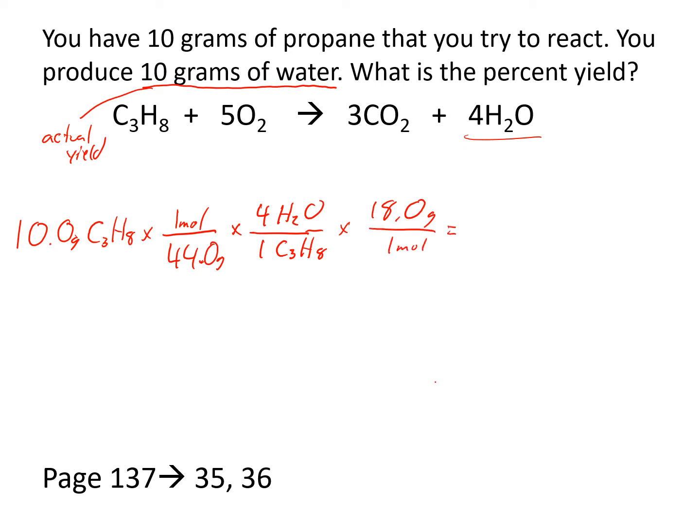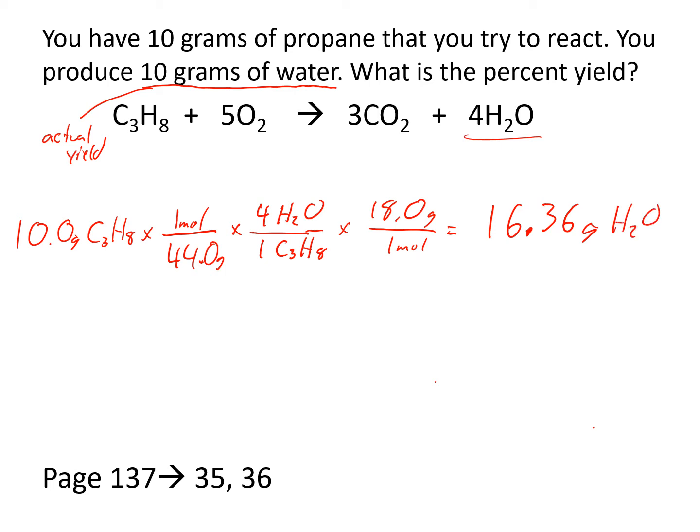And now I can find out what my mole ratio is. So I go 10 divided by 44 times 4 times 18 equals, and my theoretical yield is 16.36. So this is my theoretical yield of water.